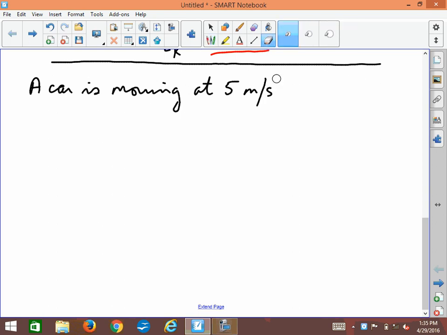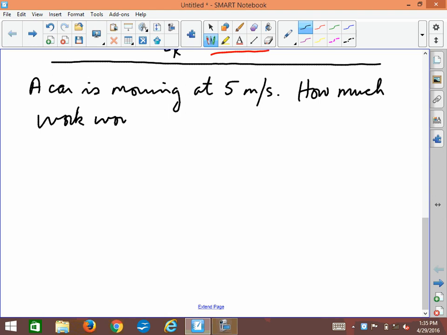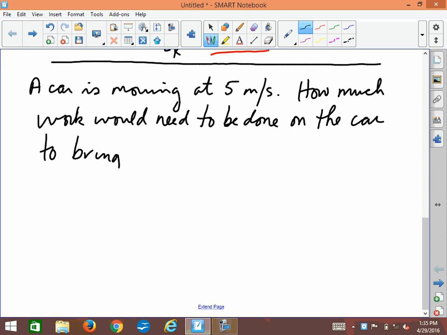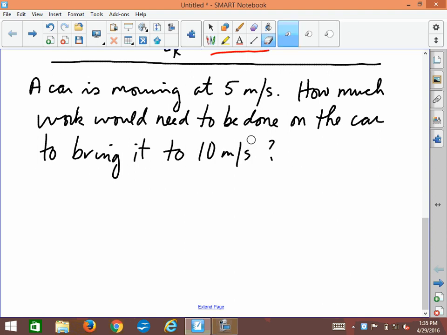How much work would need to be done on the car to bring it to 10 meters per second? So let's say we wanted to speed it up. Now it's not starting at 0.